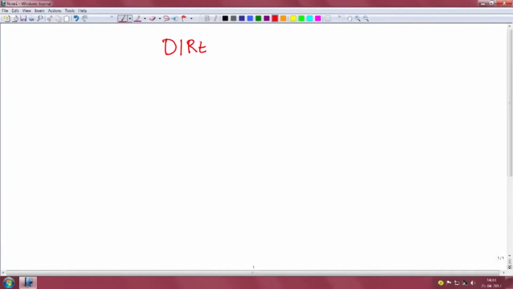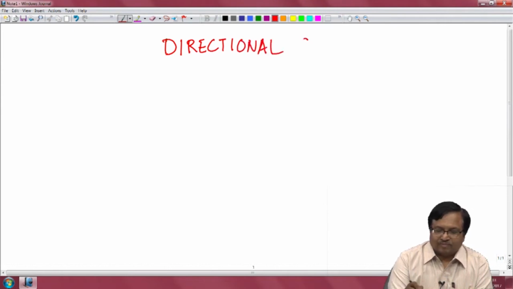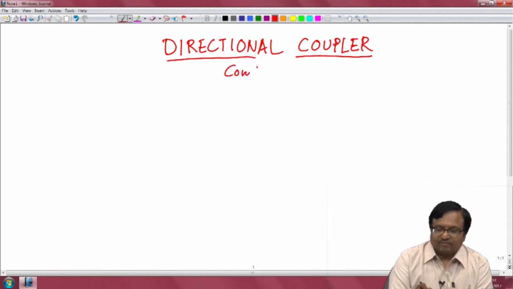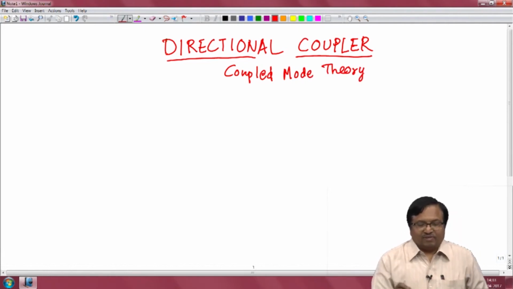Today we will discuss directional couplers and a method called coupled mode theory that can be used to study the properties of a directional coupler.